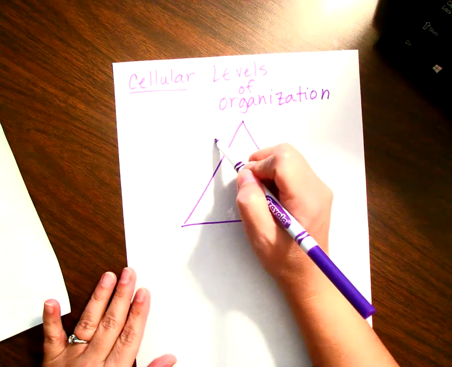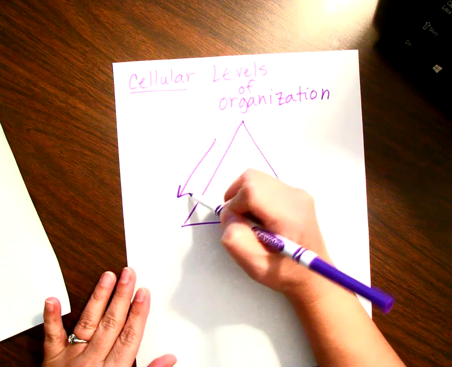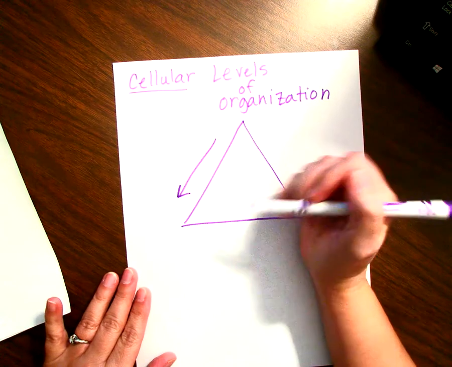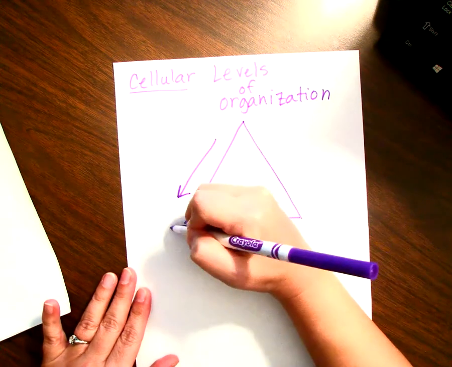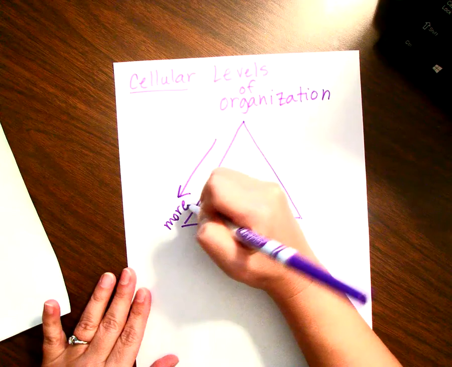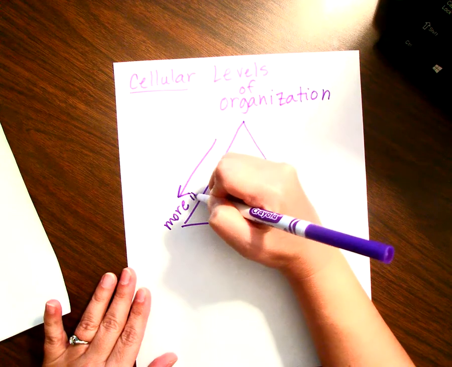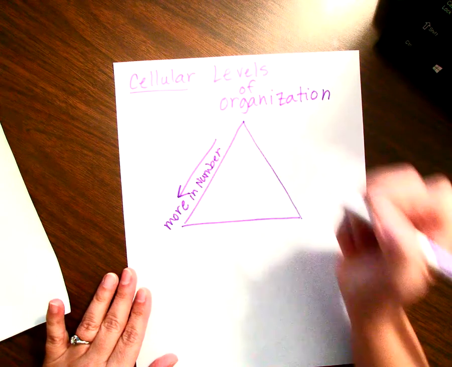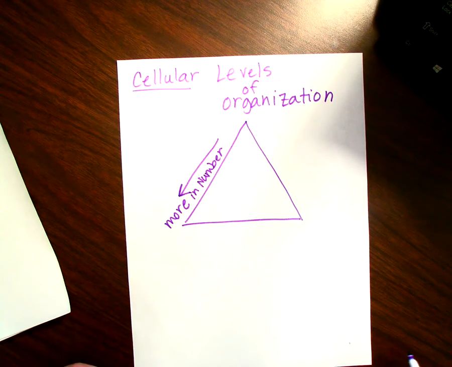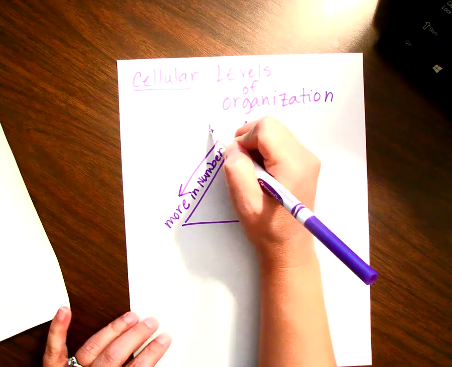So the further we go down on this pyramid, whatever we're filling into these levels, there's going to be more in number. There's going to be more of them in this world. There's going to be more of them in the room. Okay, and the higher up we go, there's less.